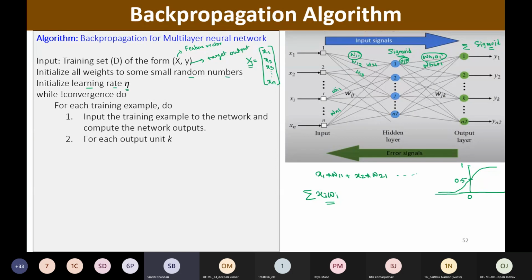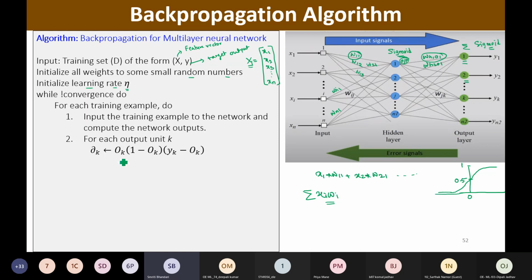The second step in our algorithm says that for each output unit k, we have presented the training examples to the network, and we are computing the outputs. Now you know how the outputs are being computed. For each output unit k, we are computing del k as Ok into 1 minus Ok into yk minus Ok.